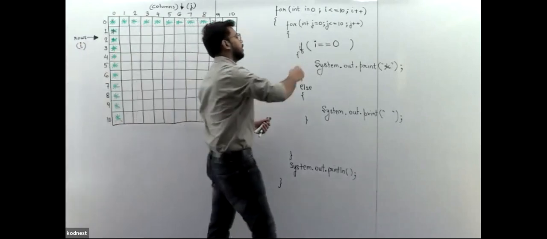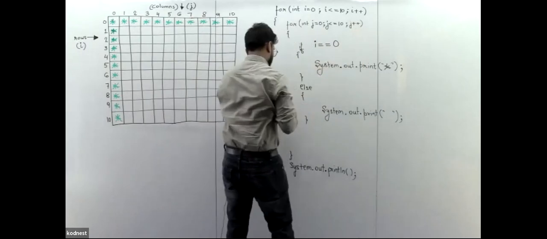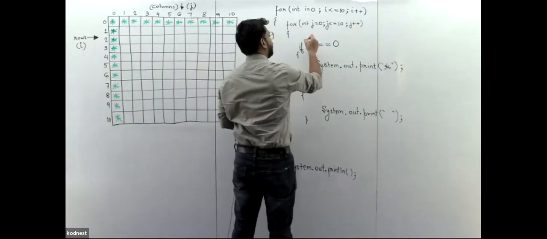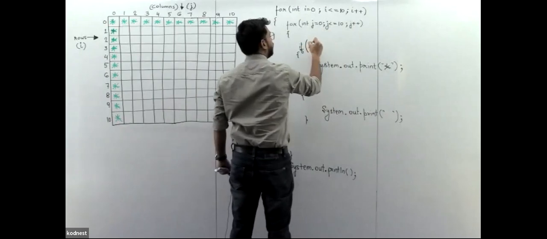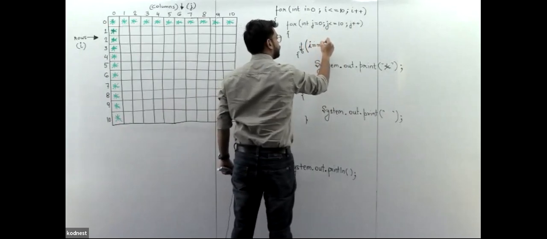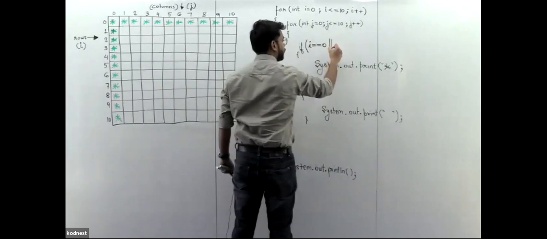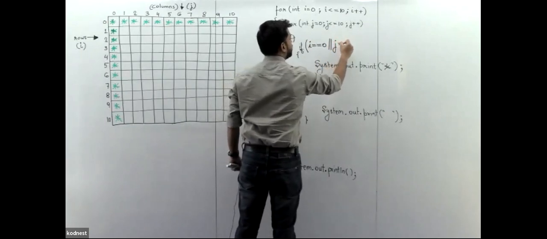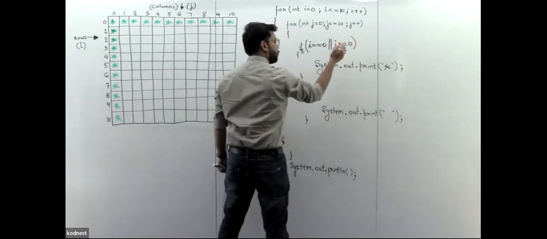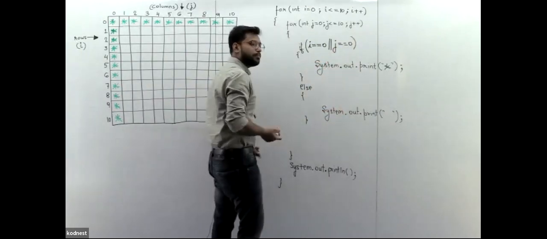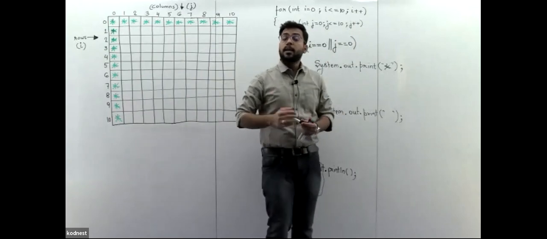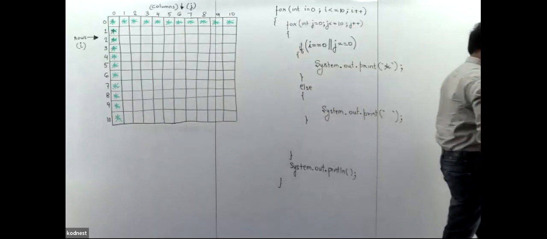How to tell this now? I will tell like this. If in case the i value is 0 or the j value is 0, print the star, otherwise print the space. Correct, otherwise printing the space. Let us see if we really get this or not.